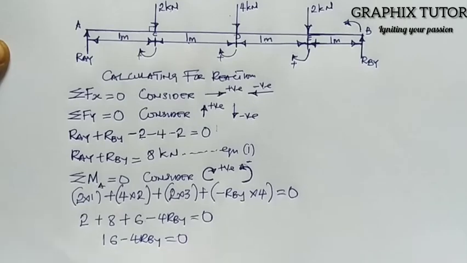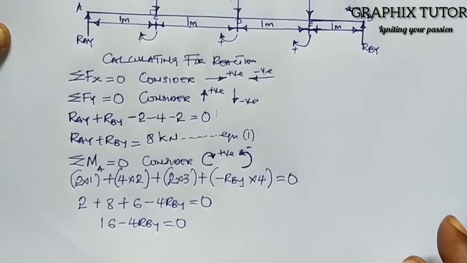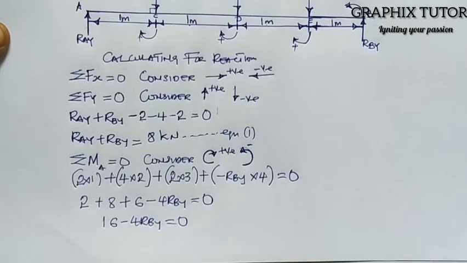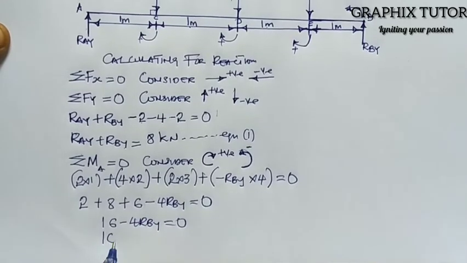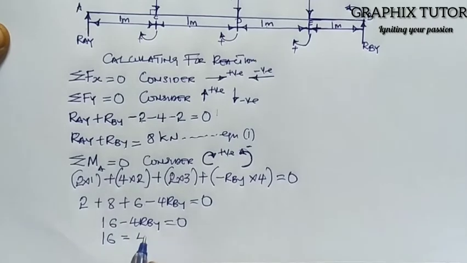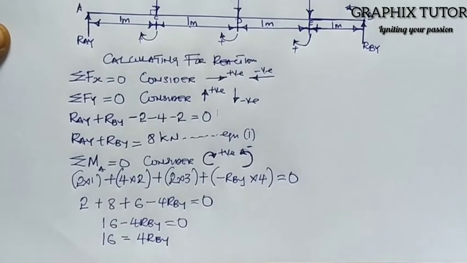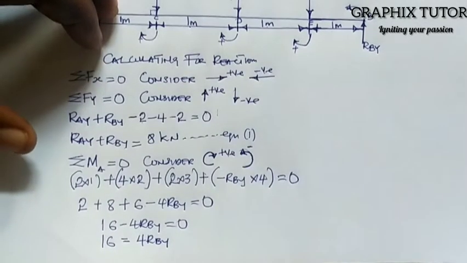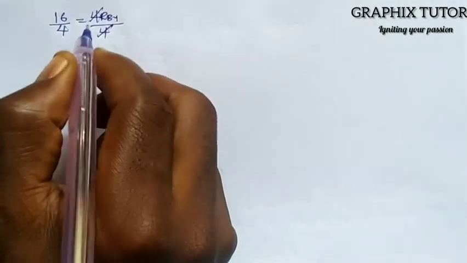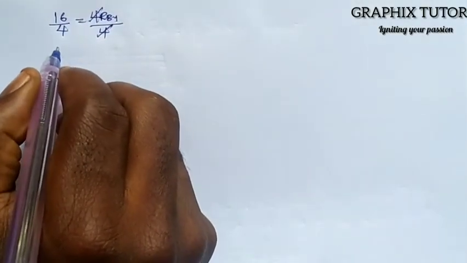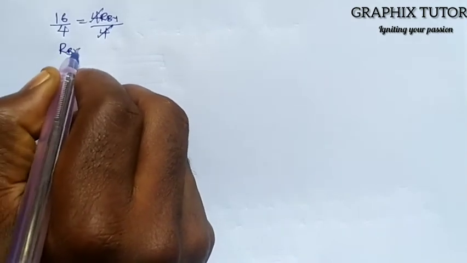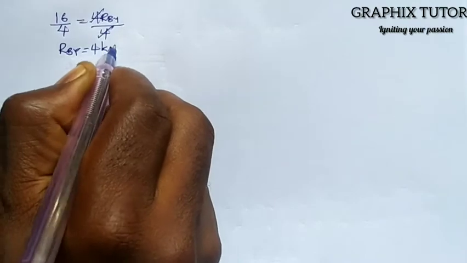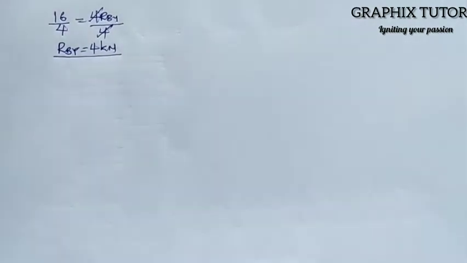So if I take the minus 4 RBY to the other side, I'm going to be having 16 equals to what? 4 RBY. Right? So if you divide both sides by 4, 4 in 16 will give me 4. So my RBY is equal to what? 4 kilonewton. That is my RBY.